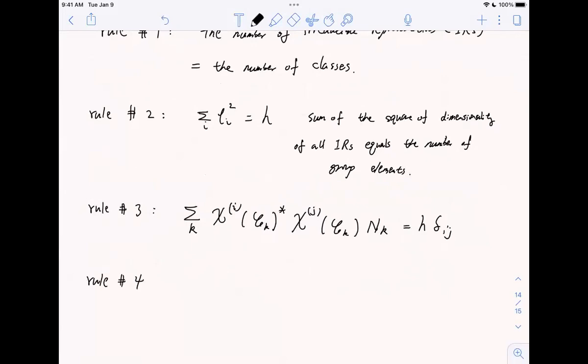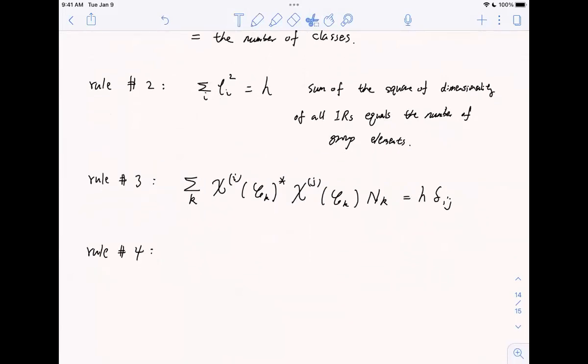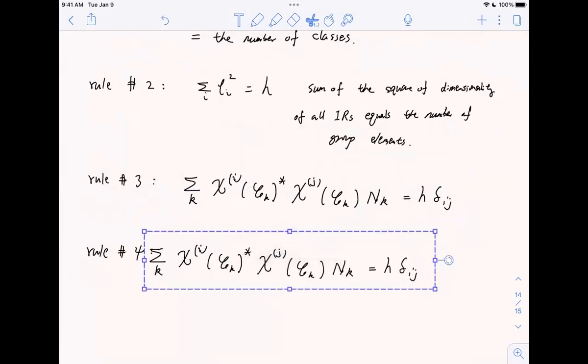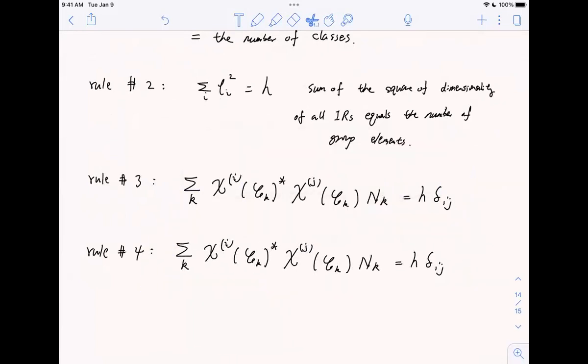So rule number 4 is something similar, but the second orthogonality relationship. This is the sum over i, so sum over the representation, and then you have a chi of k, chi of l, and this one will be h over Ni.